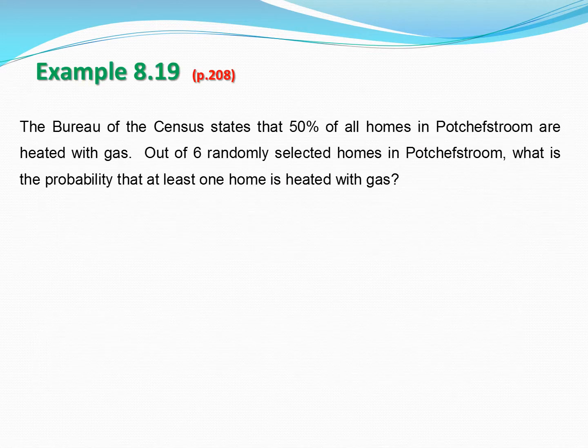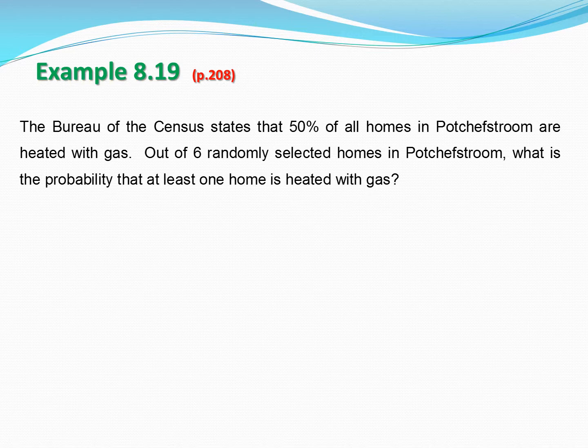For example, the Bureau of Census states that 50% of all homes in Potchefstroom are heated with gas. Out of 6 randomly selected homes in Potchefstroom, what is the probability that at least one of the homes is heated with gas? Okay, that means that we are looking for one or more homes.